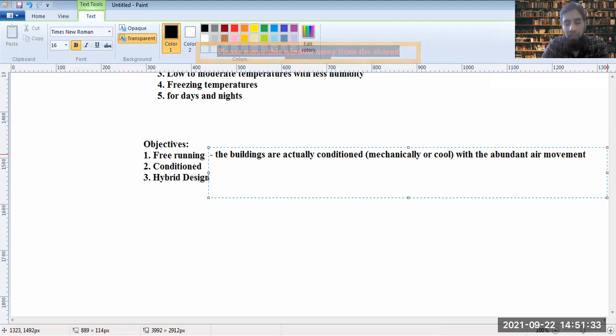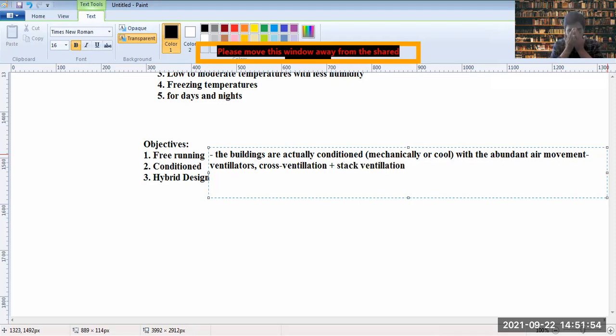Or you can have ventilations, ventilators or ventilation in such houses, plus cross ventilation plus stack ventilation.